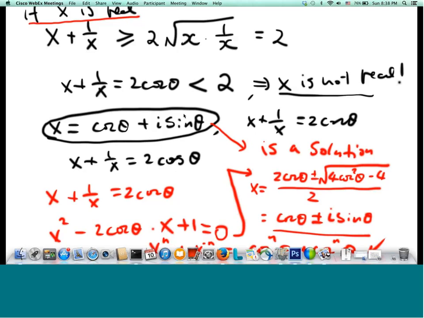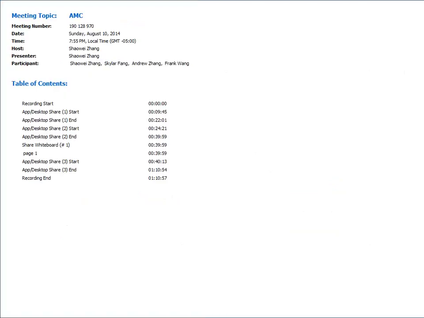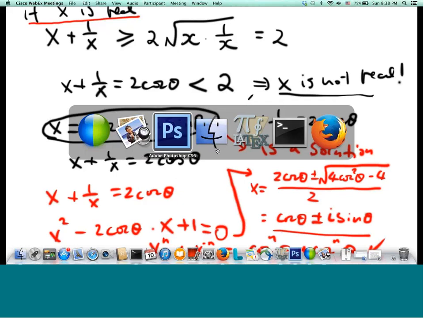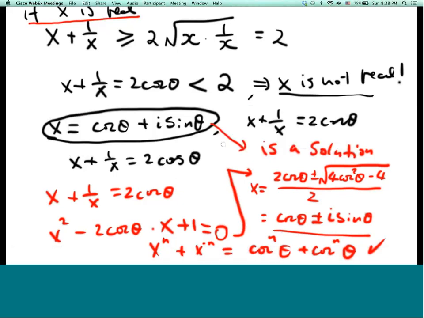So that one should be... This one is the whiteboard, and I'm not used to using the whiteboard yet. Unfortunately. Is that Photoshop? Yes.